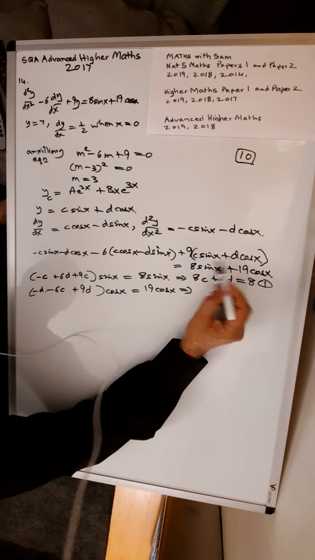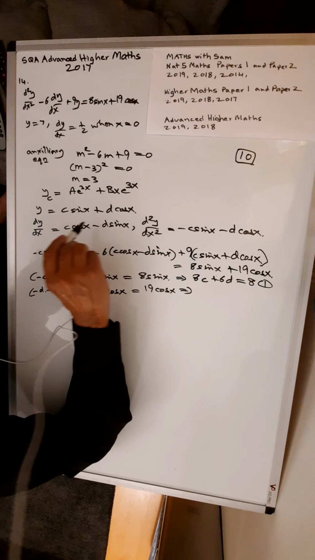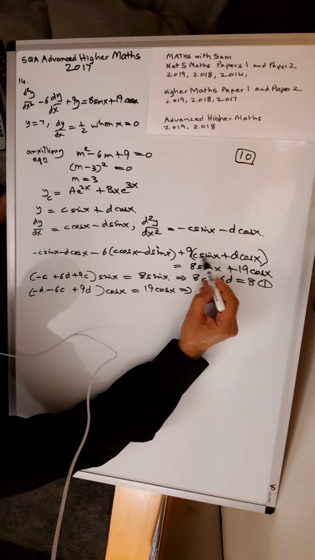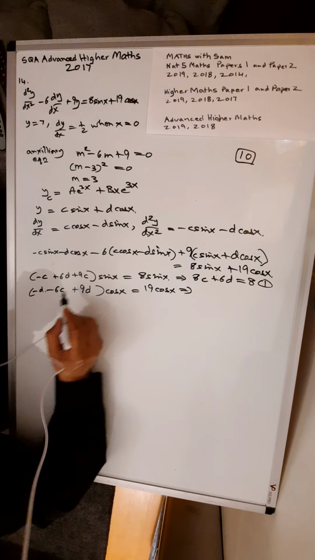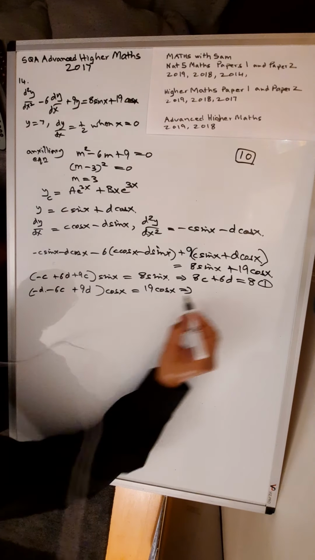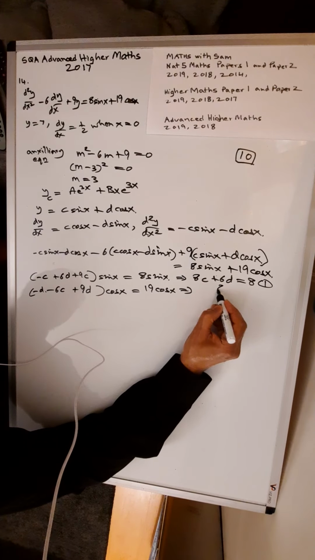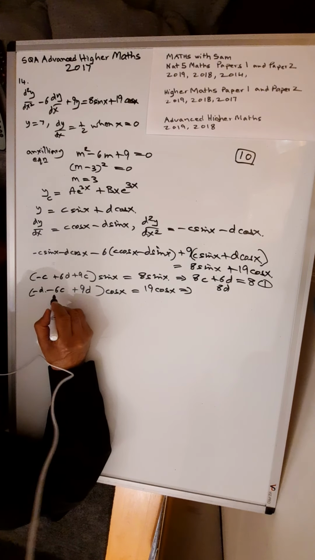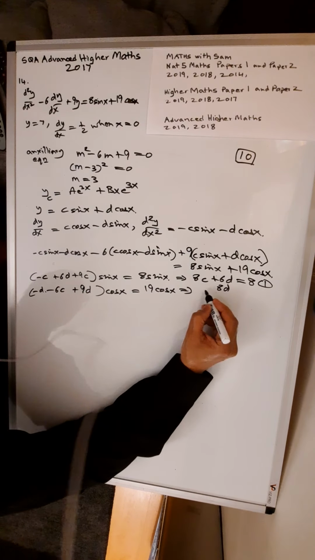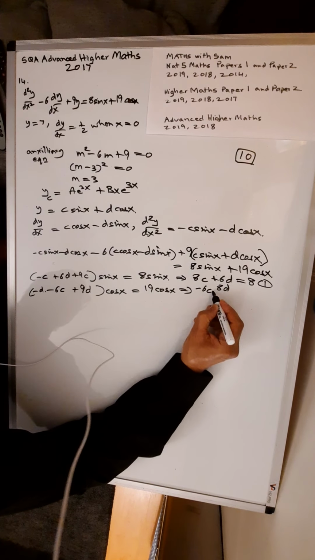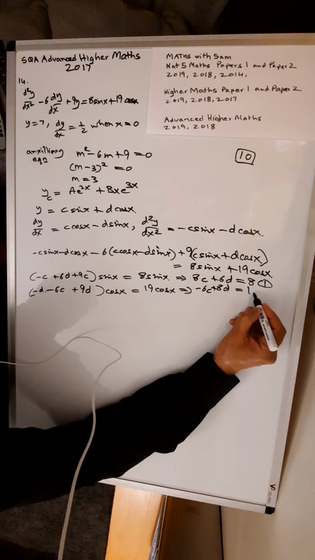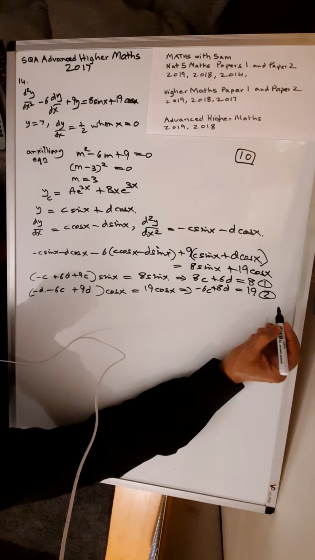This is your 9y, so c sin x plus d cos x is y, so you're multiplying by 9. So for this, you can see that 9d minus d gives you 8d. So that means that you got minus 6c plus 8d, and that equals 19. So that's your second equation.